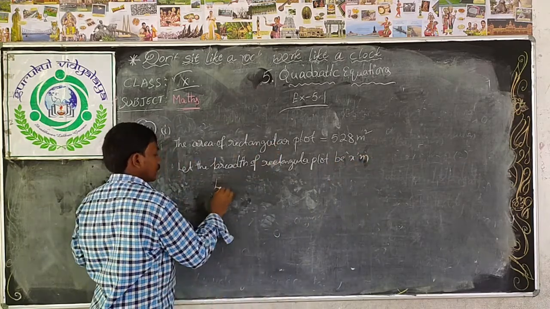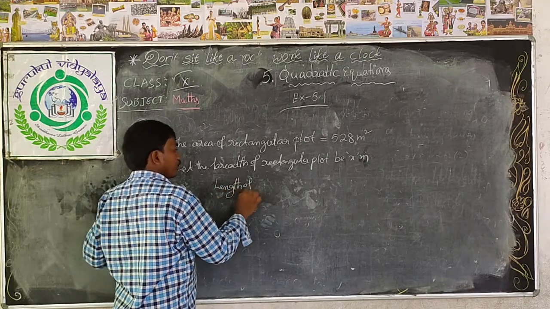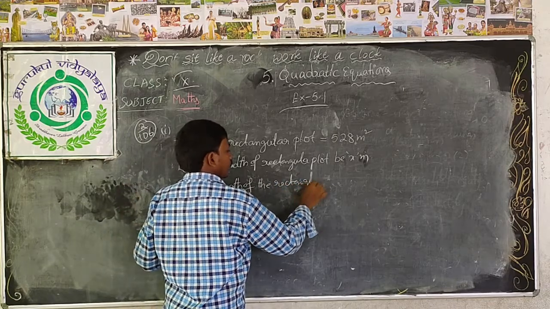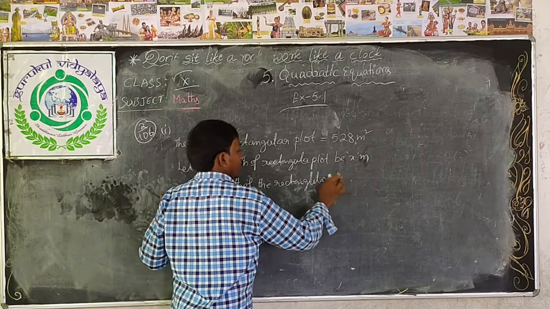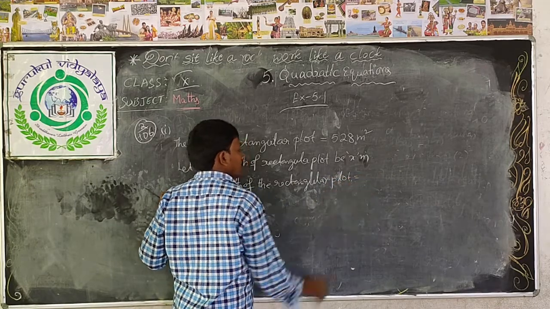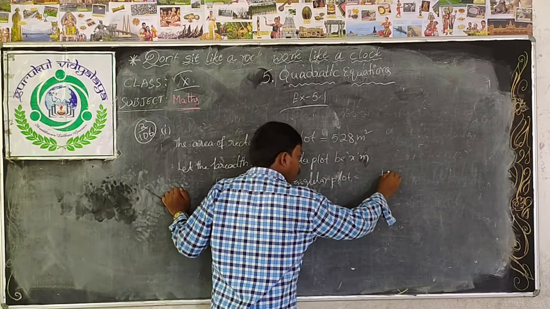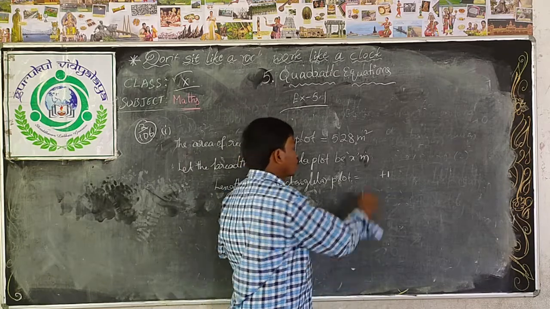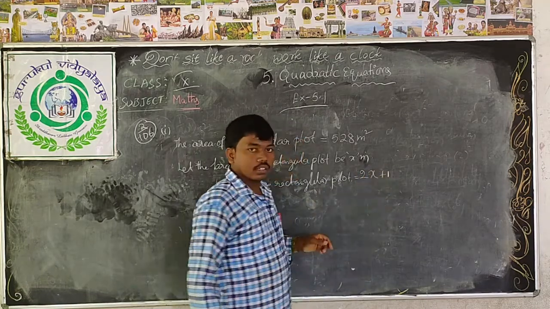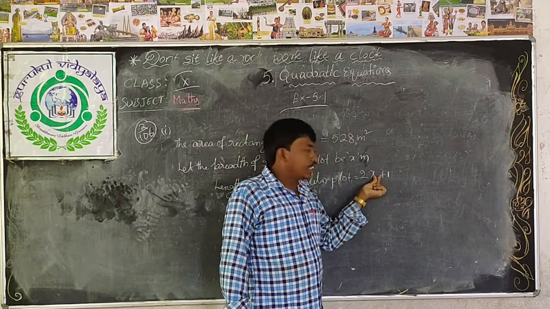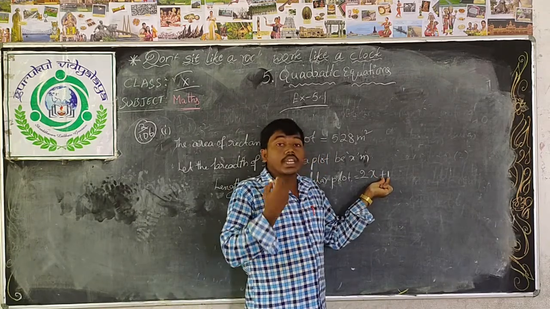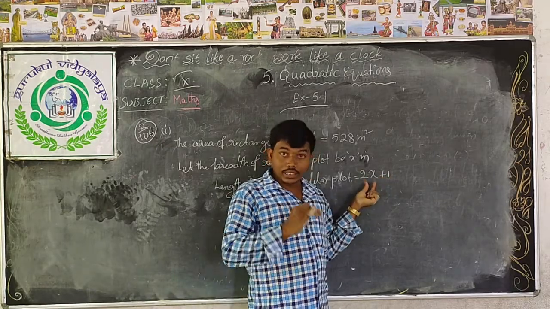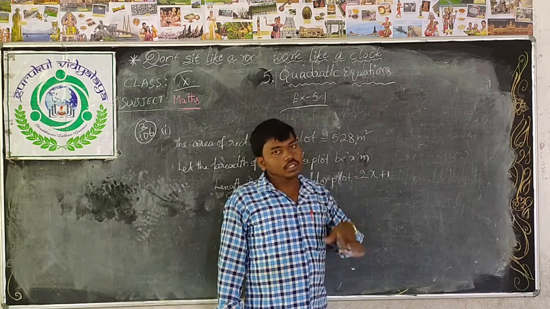Now what is the length of the rectangular plot? 1 more than, more means we can add, plus, 1 more than means plus 1, twice means 2 into breadth, twice the breadth, 1 more than twice the breadth. Okay, 1 more than means we can add, 1 less than means we can subtract, twice means 2x, thrice means 3x, double means also 2x.